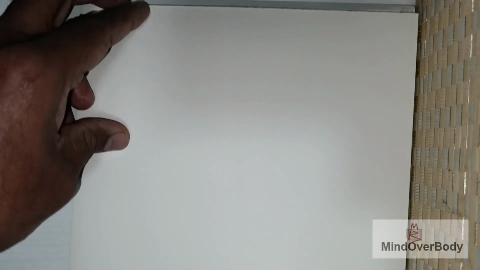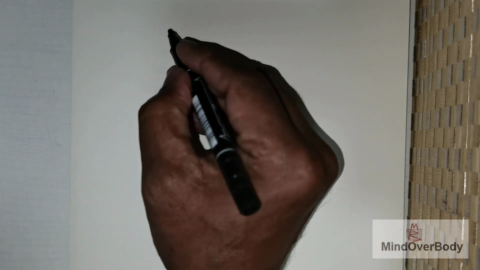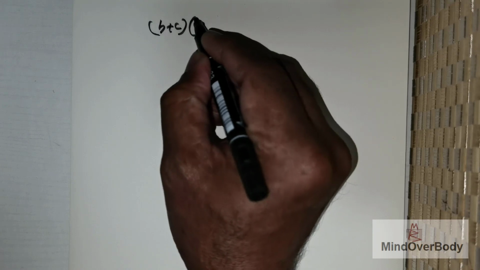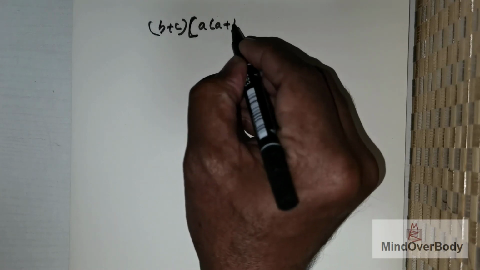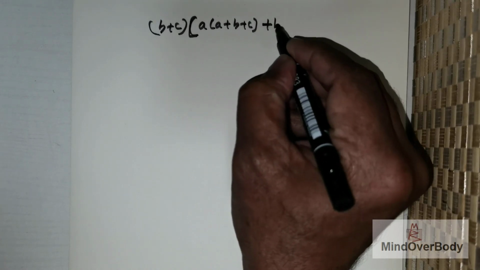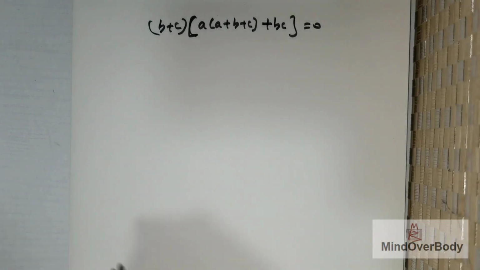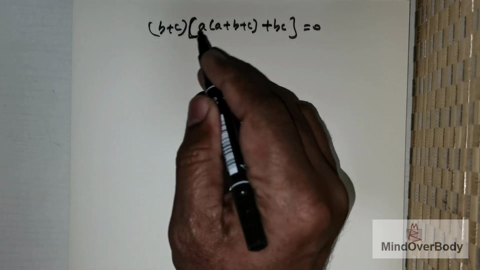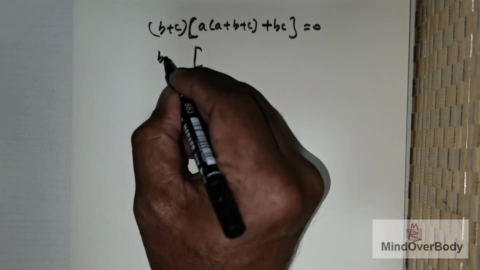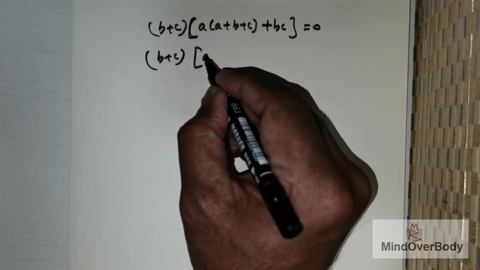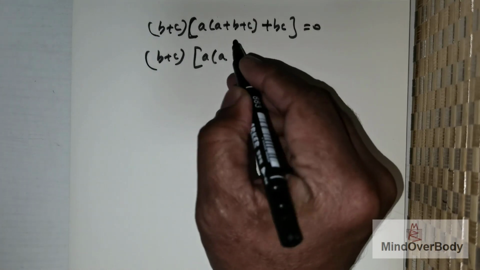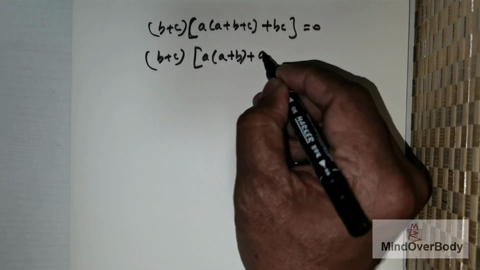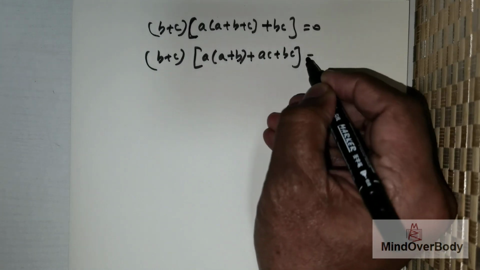So let us proceed now. So now we have already got (B+C)(A² + AB + AC + BC) = 0. Now we have to distribute the quantity of A in the following fashion. Adopt this method: I'm going to take A with A + B, and then I'm going to multiply A with C. So I've got this quantity now.